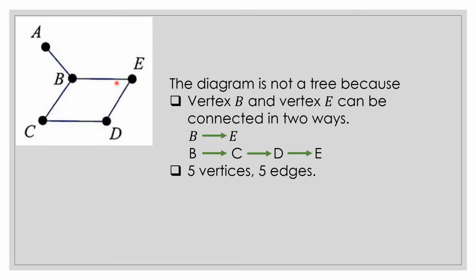And you have 5 vertices and 5 edges also. Remember, a pair of vertices must have an edge and only be connected in one way. And since B and E can connect in two ways, this is not a tree.